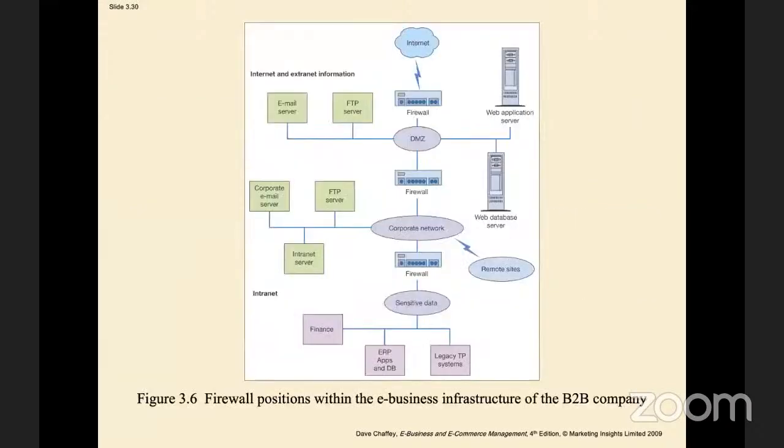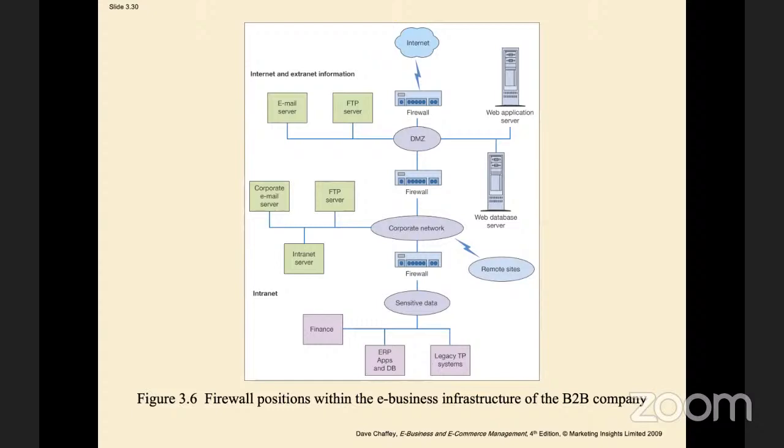Okay, now here are the firewall positions within the e-business infrastructure of the B2B company. Internet and extranet information is the email server and FTP server. Then the firewall comes through the internet at the DMZ, and it is connecting to the web database server and web application server.